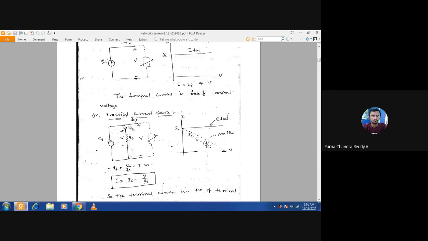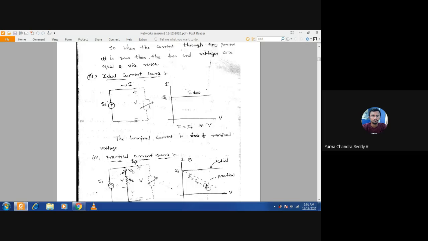As you increase voltage, the current flowing through this resistor increases and the output current decreases, that's why the line goes down. Because I is a function of V. The terminal current is a function of terminal voltage for the practical current source, but for the ideal current source, I is independent of V, so I is equal to IS.